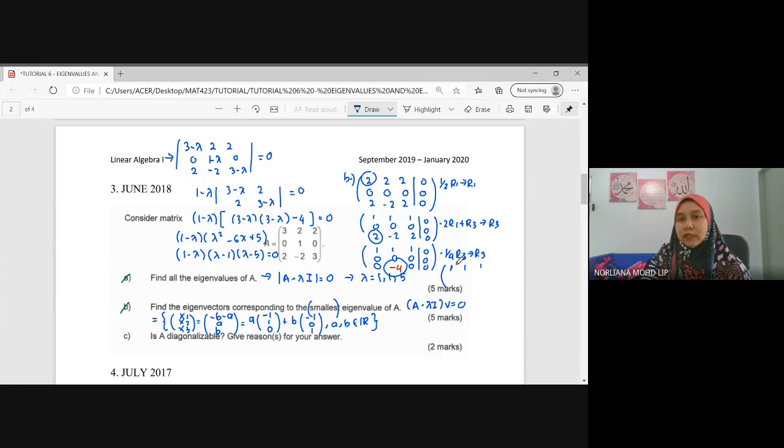Ni kena terbalik lah kan. Sebab 0 rows kena ada kat bawah. Ni boleh terus interchange. Row 2 interchange with row 3. So ni akan jadi 0, 1, 0. 0, 0, 0.